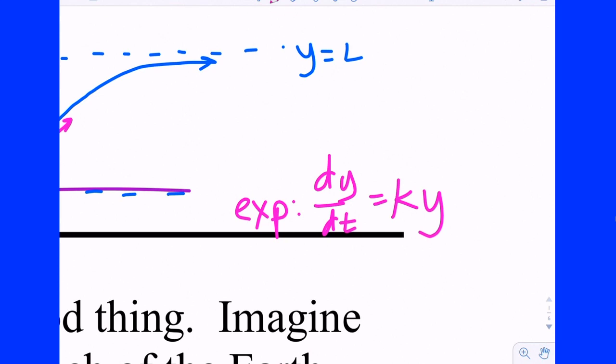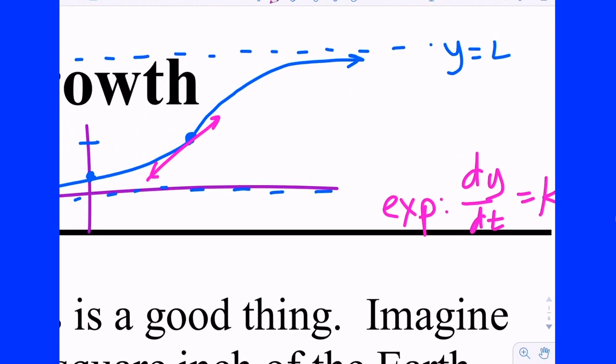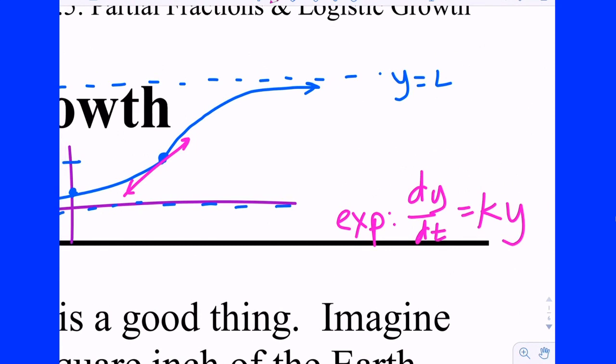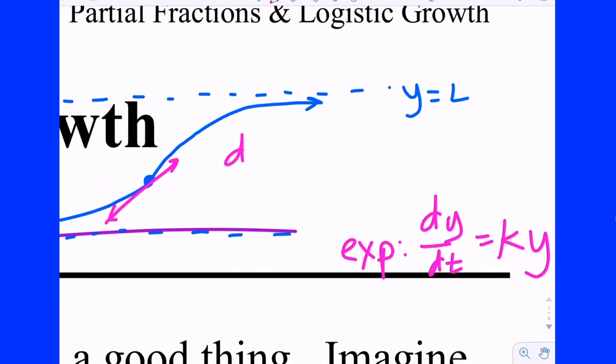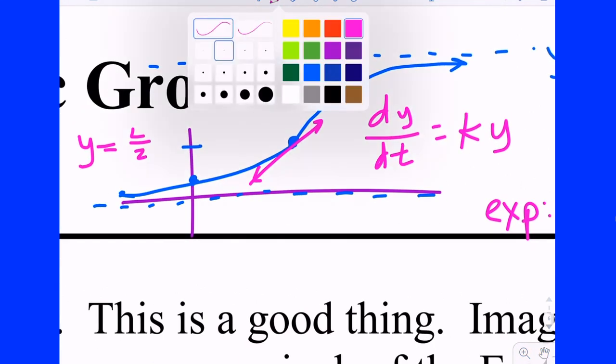So the bigger y is, the bigger the rate of change, and the faster the rate of change, the more y you're going to get. And they were directly proportional to k. But for logistic, it can't continue to grow unchecked like that. So what we could do is modify the pure exponential model. We can say the rate of change of the y values now with respect to time, they're still going to be directly proportional to the current amount.